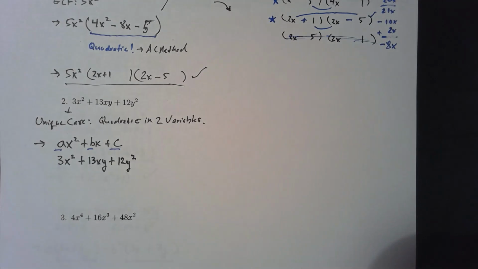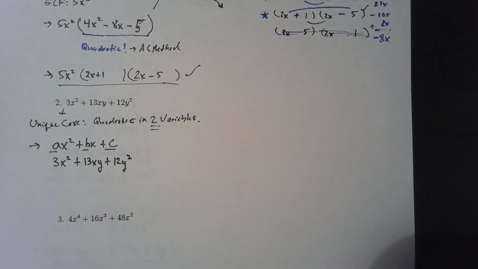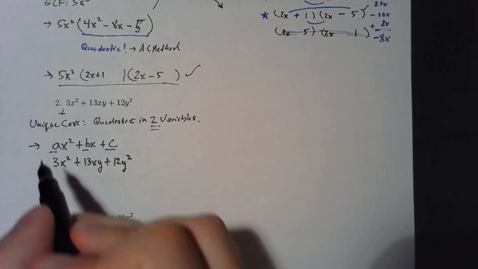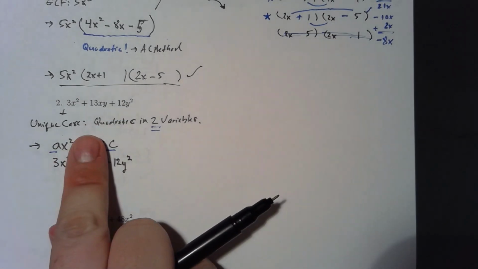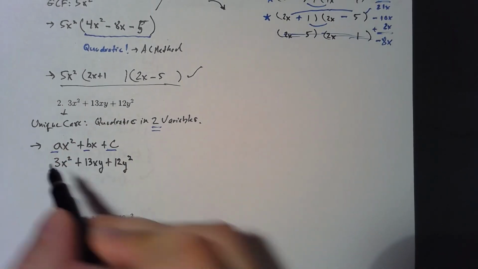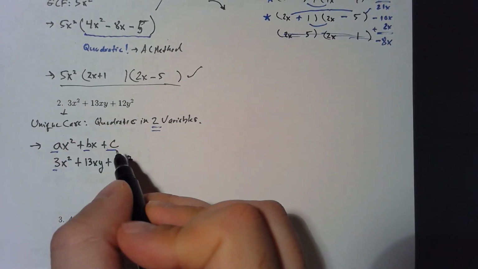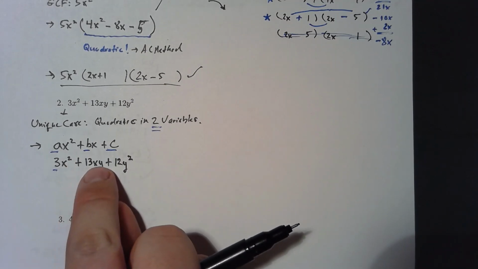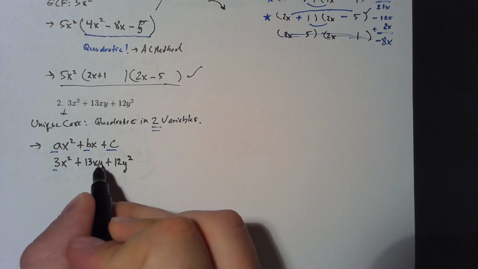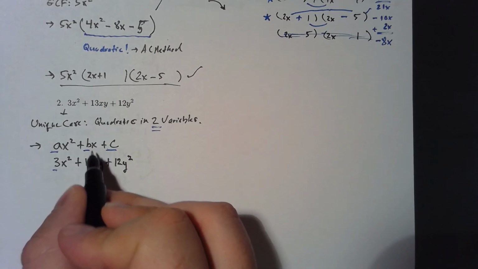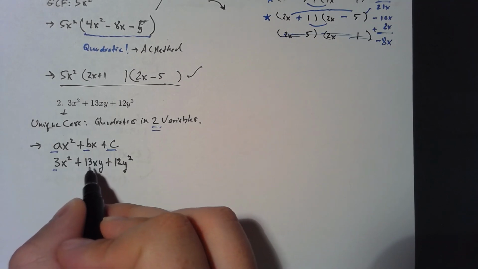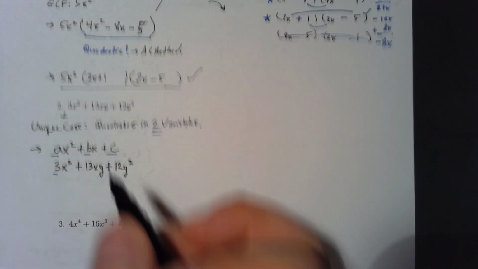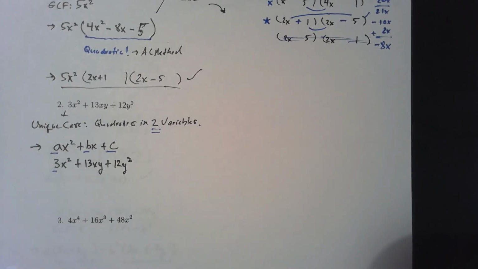This is a quadratic in 2 variables. If I look at the first term, the a matches up with the 3. If I look at the second term, I have a b and an x. Well, I have a 13xy here. So what I should do here to match this up to the quadratic form is rewrite this not as 13xy, but as 13yx. I just want you to see this.